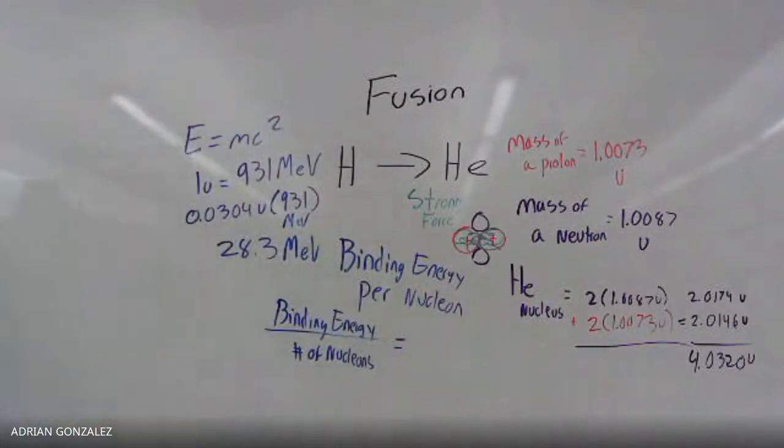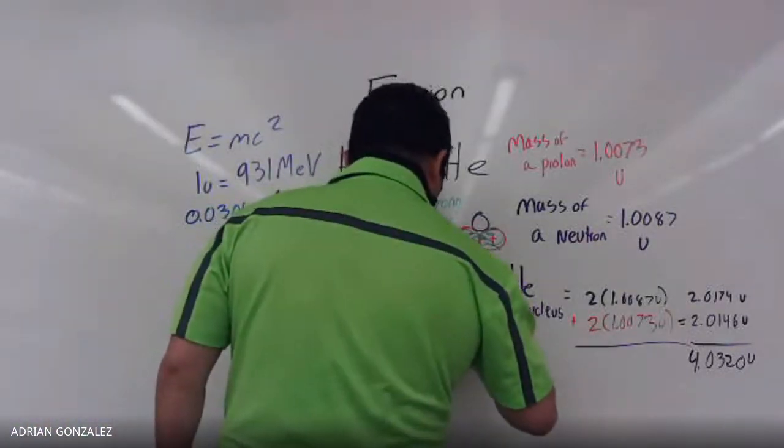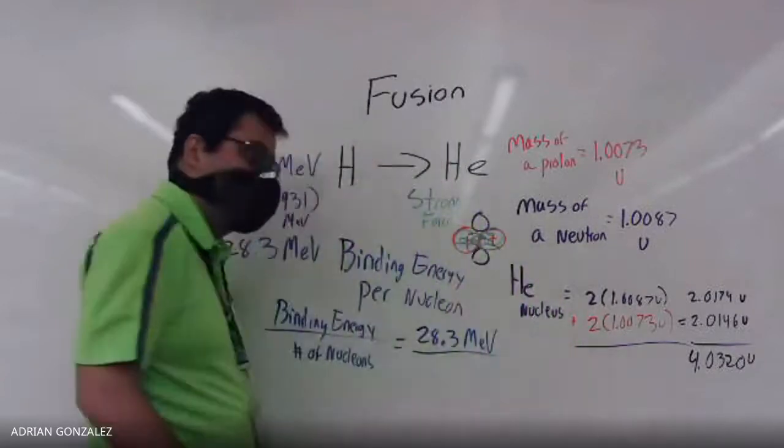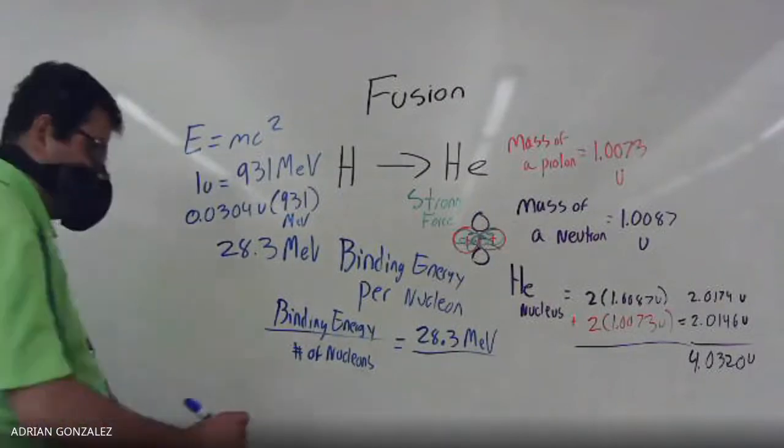So in this case, for helium, you do 28.3 mega electron volts divided by how many nucleons do we have? 4.